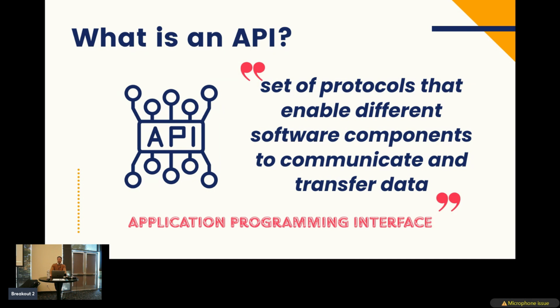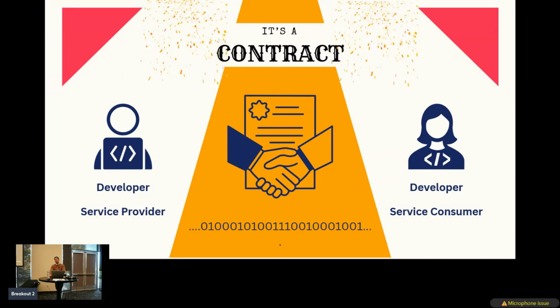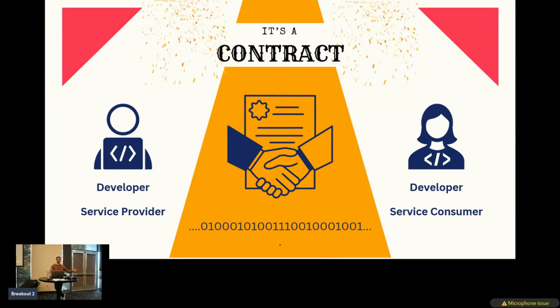The acronym API is shorthand for Application Programming Interface. In short, it's a kind of contract between developers and developers, but on different sides of the spectrum. We have a developer who is providing services and a developer who is consuming that service, and the contract is made to transfer data.